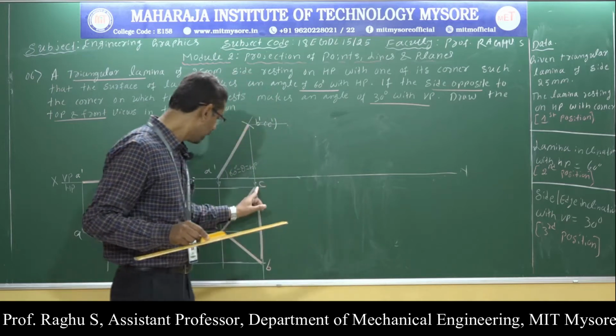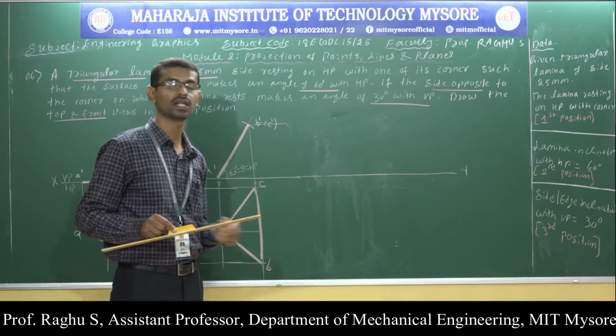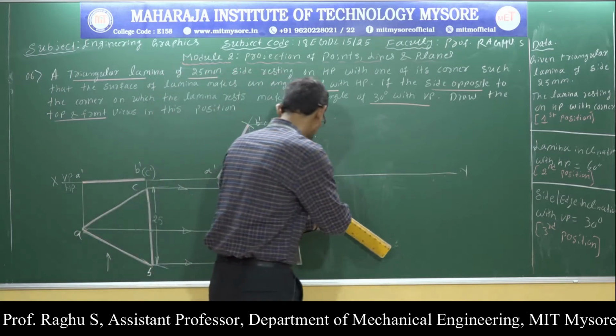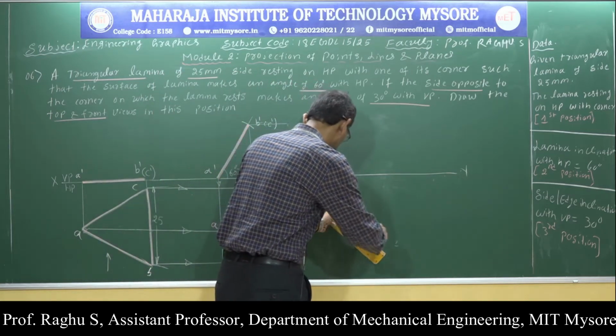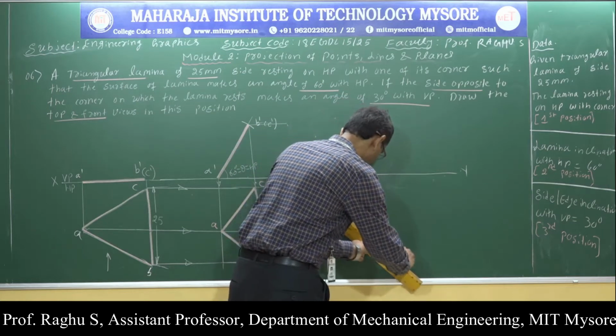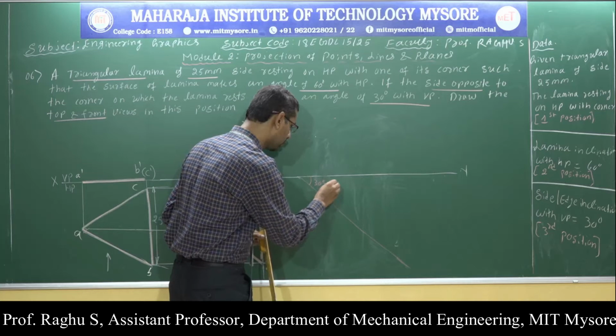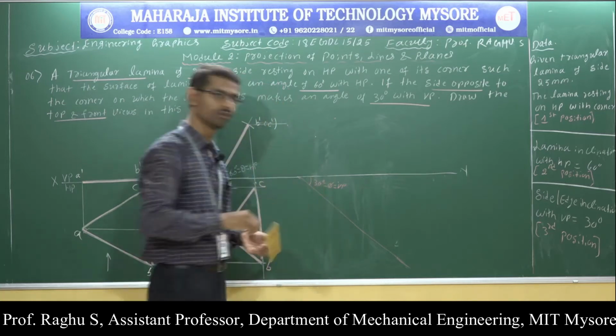Now the side opposite to the resting corner makes an angle of 30 degrees with respect to VP. So to draw the last position, draw a 30 degree line with respect to VP.